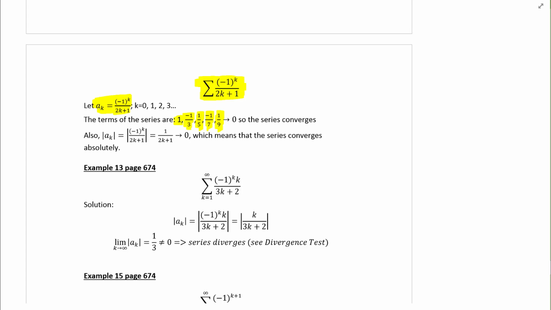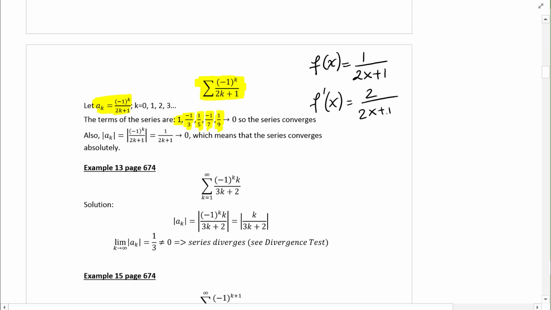But more than that, they are also decreasing in magnitude, right? So we have 1, then we have 0.3, and then we have 0.2, and so on, which we can actually prove again by doing f of x equals 1 over 2x plus 1. If we do the first derivative, we end up with 2 over 2x plus 1 squared.